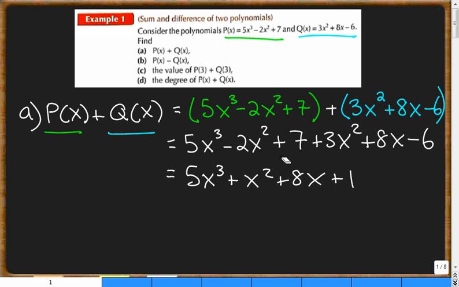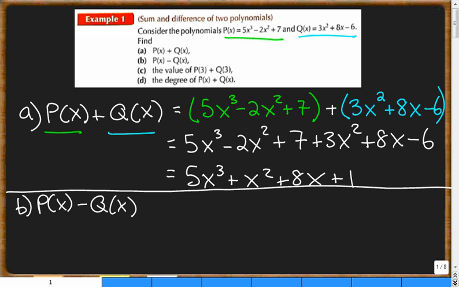Now, we also could run into a situation where we have p of x minus q of x. Now, how does this differ? Well, again, we have our green and our blue.